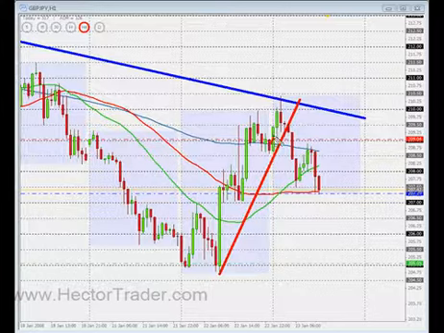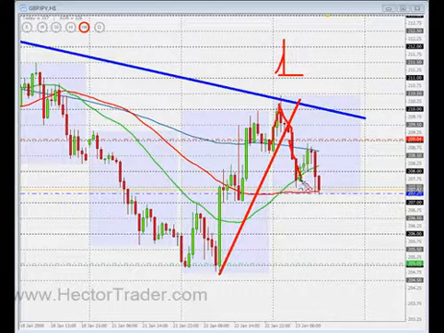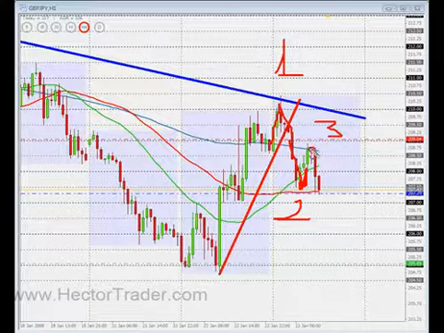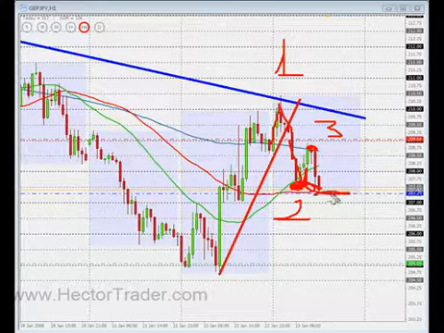This last high being aspect number 1, the breakout and the pullback being aspect number 2 and aspect number 3. This being aspect number 3, this being aspect number 2, and as we've just made a new low right there, that's where I triggered my short entry.